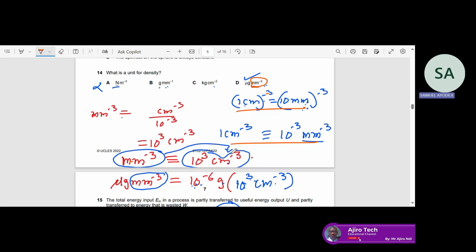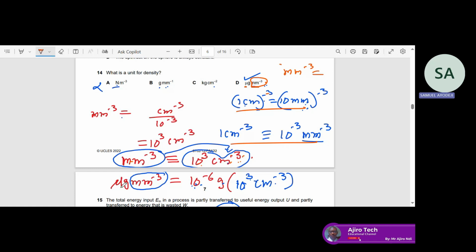This one does not really mean micro, this is just microgram. You don't need to replace this one. Millimeter is equivalent to what? Centimeter cube. So this is equivalent to this. Just put it there.